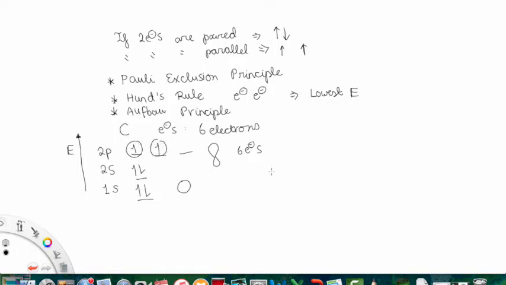If we didn't follow Hund's rule, we would have drawn this out like so: 1, 2, 3, 4, 5, 6. But in this case, these electrons are experiencing electron repulsion since they're right next to each other, and thus we want to move one of these electrons over to get parallel spins. This gives the lowest energy configuration, also known as the ground state.